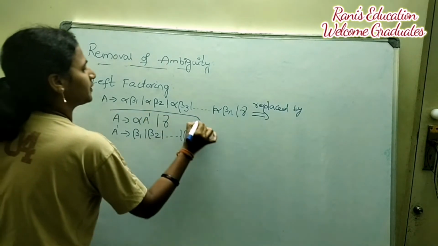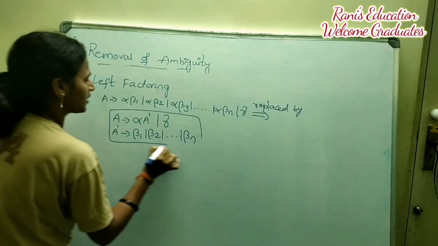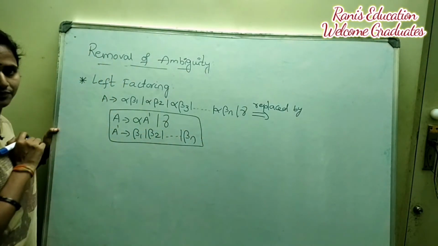This is the rule for left factoring for removal of ambiguity.